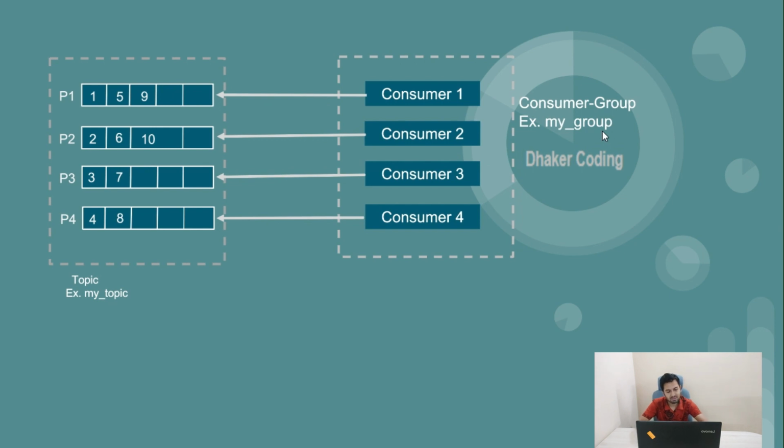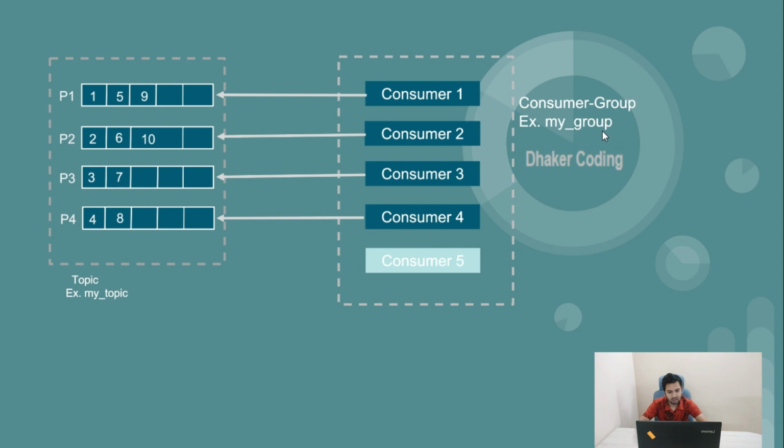Now let's say we add one more consumer to the same consumer group, consumer 5. It becomes idle and won't read anything from the partitions.